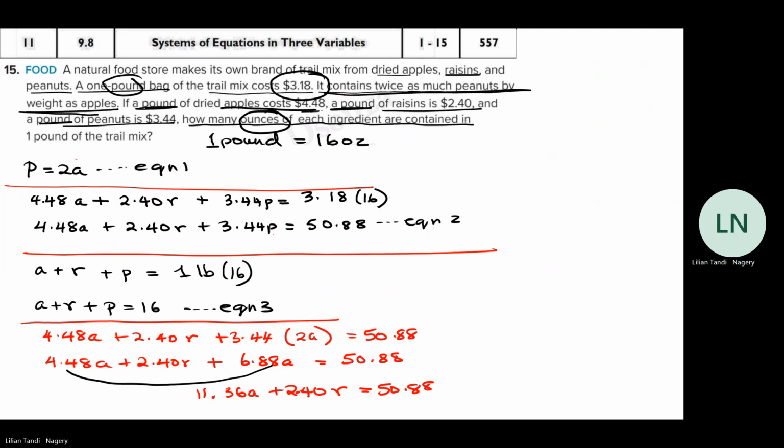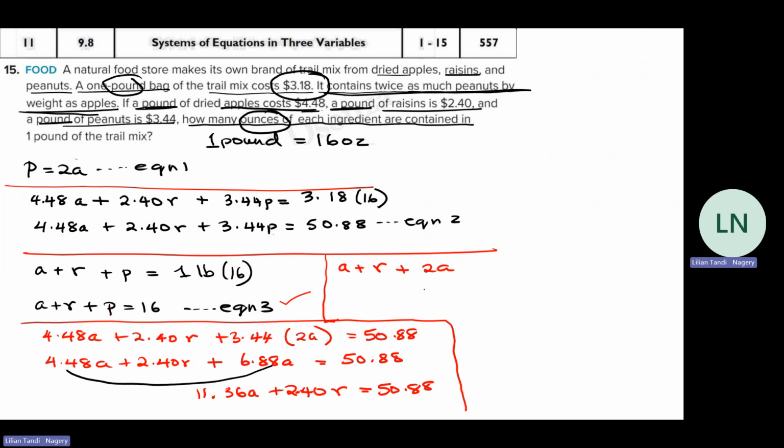Now I want to use this equation to find R. I know P and I know A. So I will write here A plus R plus what? 2A.